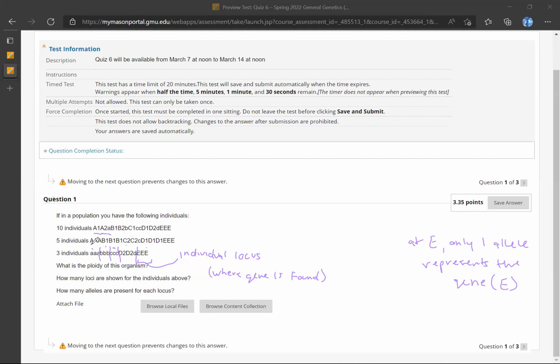Let me check really fast. I wouldn't originally think so, but when Dr. Chiari sent us the answers to this question earlier today, she said it was only 3 at the allele, and so that was my reasoning behind it.